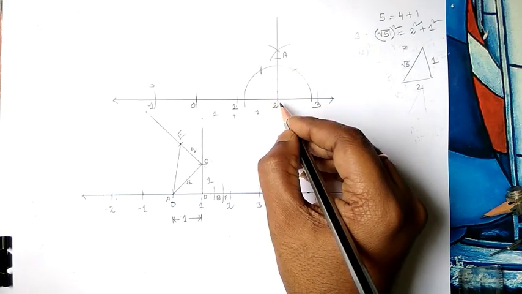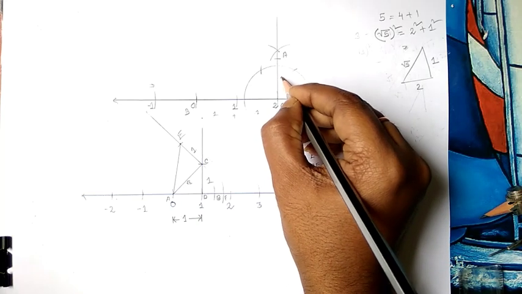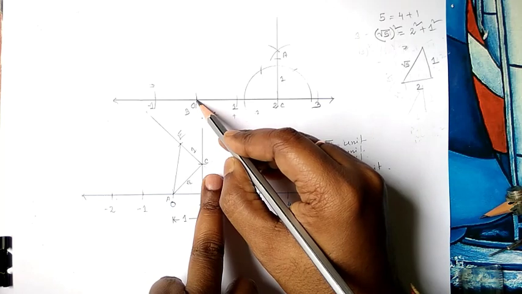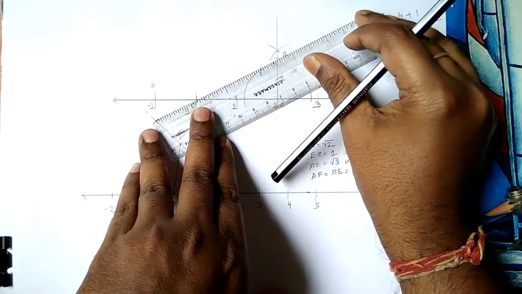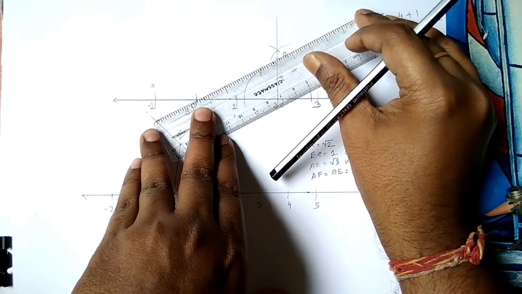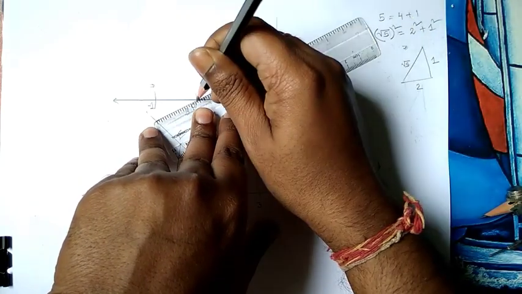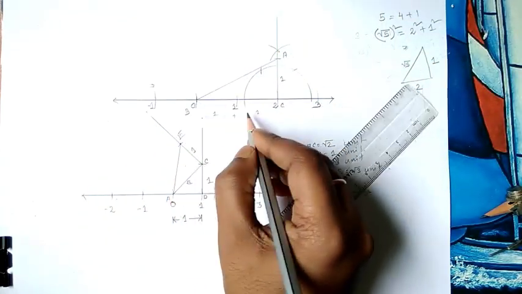A, B, C. So AC is 1 unit. So I can join now OA. So what you can say?